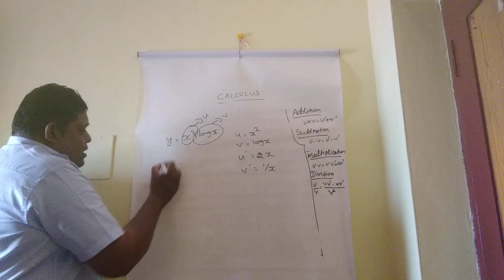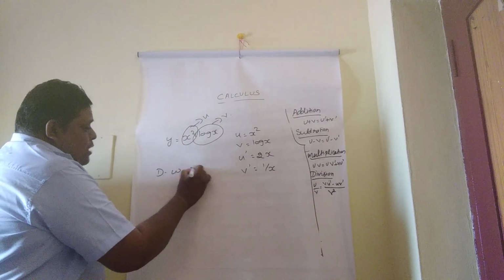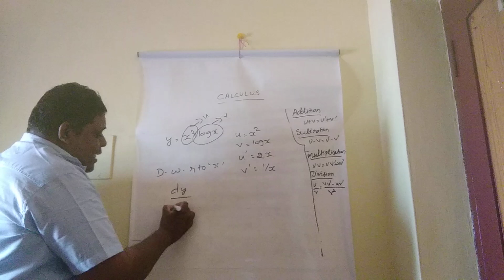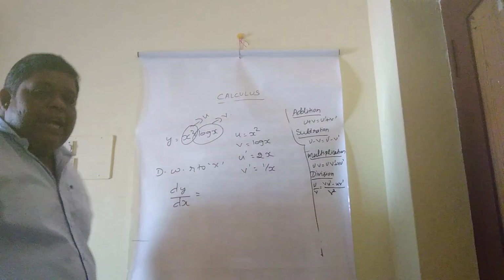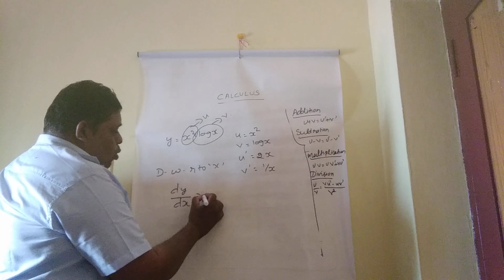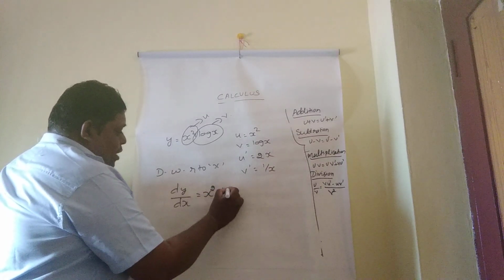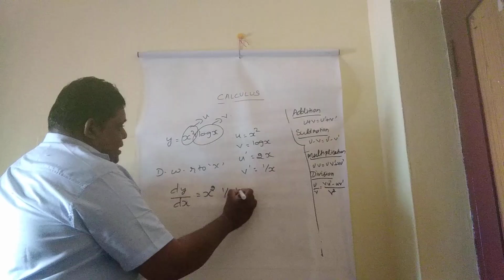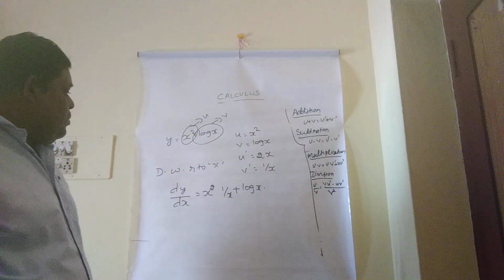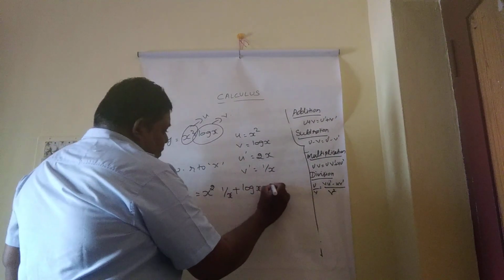So we differentiate with respect to x. dy by dx is equal to u v dash, x squared into 1 by x, plus log x into 2x.